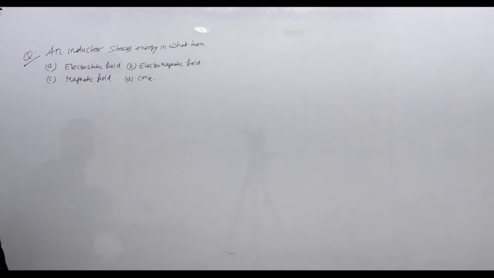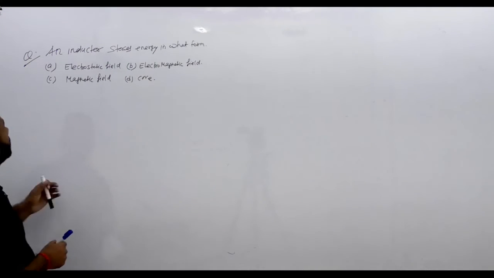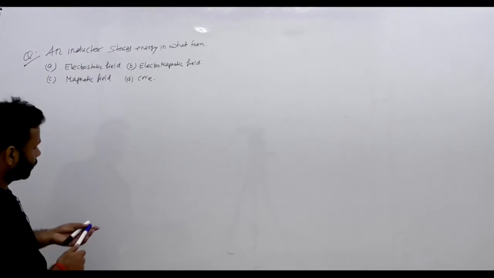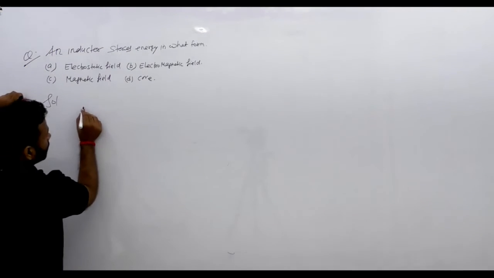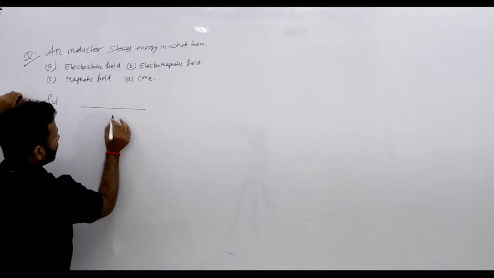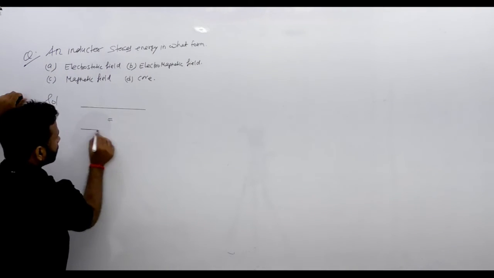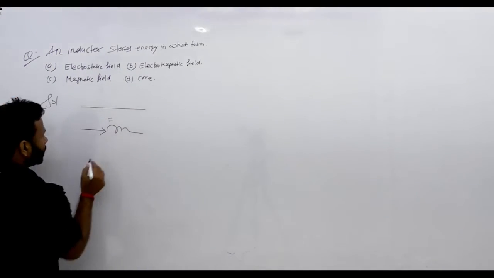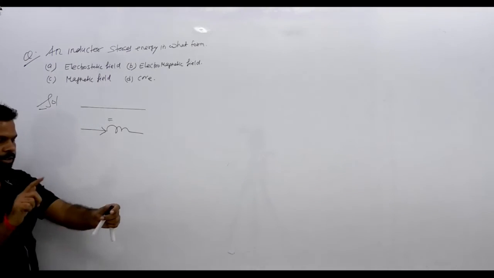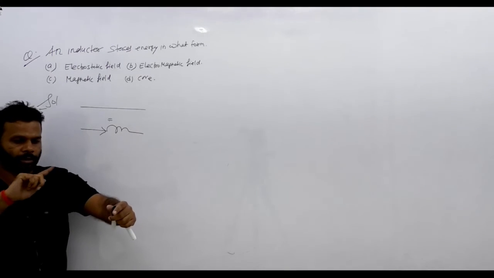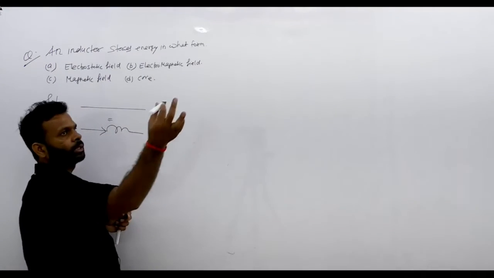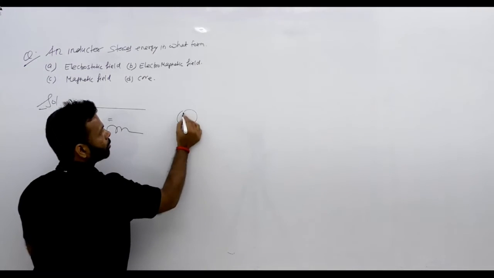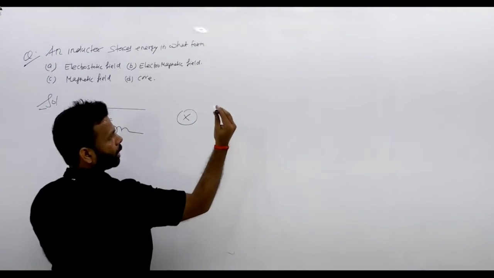So we will have the next question, that is what? An inductor stores energy in what form? So if you have the theory of inductor, the inductor picture is exactly this. When your inductor is carrying current, there is a magnetic field around that. If you see this picture, your current is into the page or out of the page.